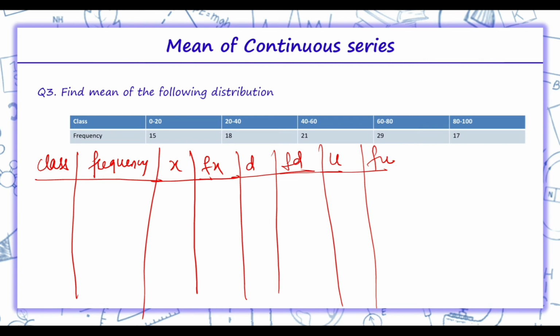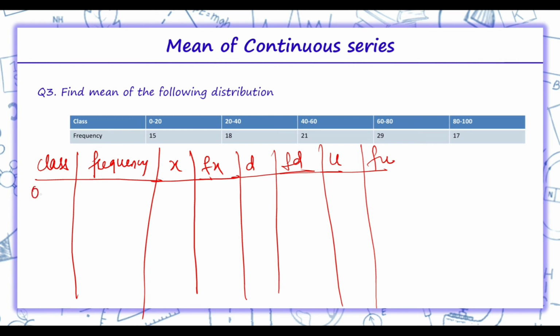Now let's suppose I have to calculate mean by step deviation. So I won't find fx and fd then. We'll first find x, then d, then u and then directly fu. Similarly, if I have to calculate mean by the assumed mean method, then there is no need to find fx, that means this fx column will be omitted.